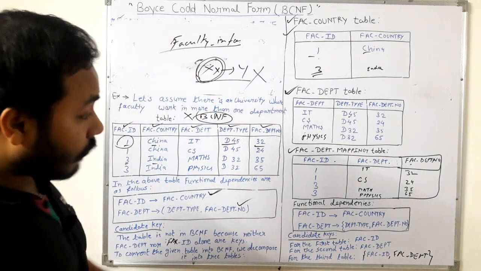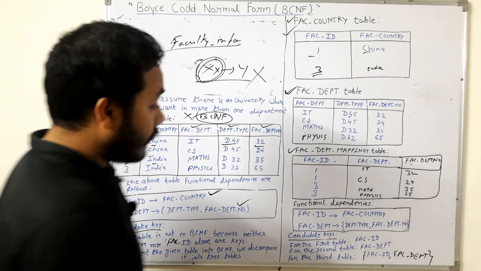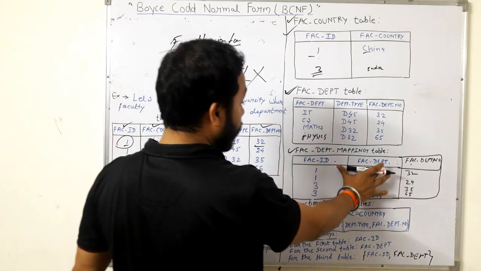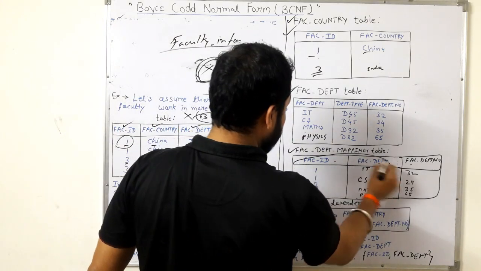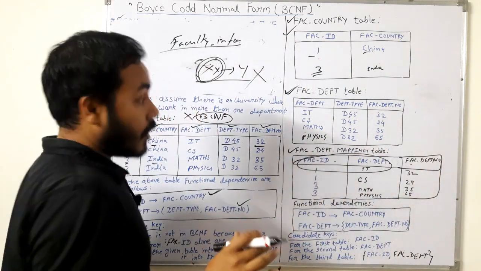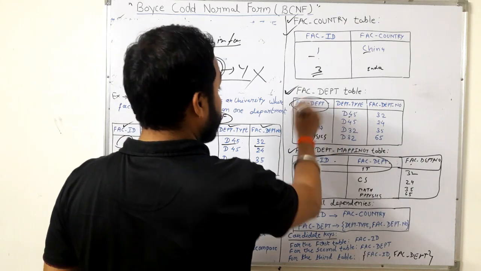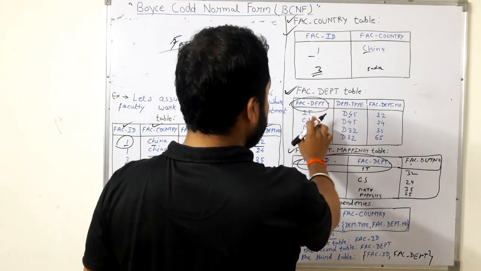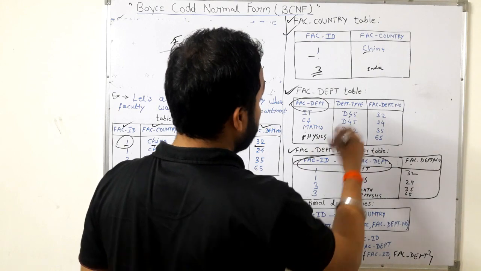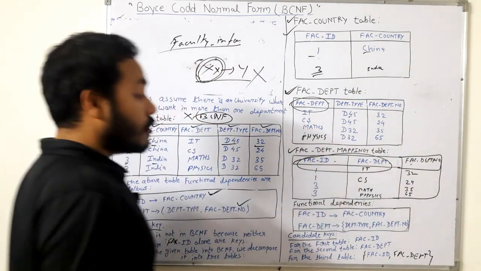And there also you will get the candidate key as faculty ID as well as faculty department, because together they imply this part. Clear? In the other table, faculty department is the key. Yes, faculty department. If IT, then department type is D45, like that. But in this case together they are forming the super key.